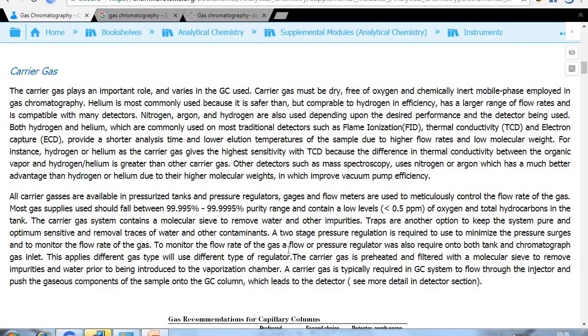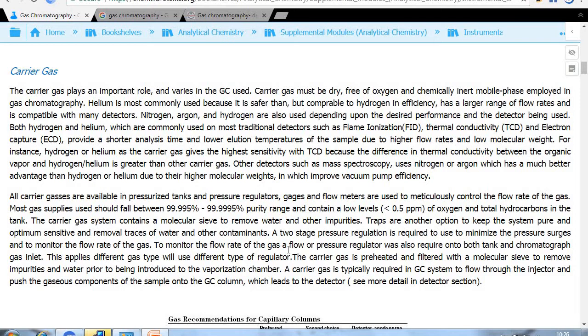Hydrogen has the capacity of flammability, so it is not widely preferred. Helium is also more efficient than hydrogen, and it has a much larger range of flow rate compared to other gases, and it can be used for any type of detector.